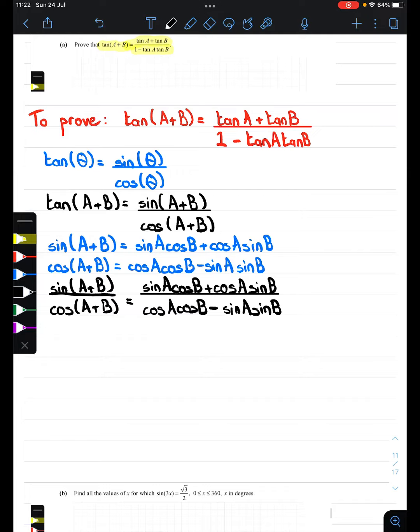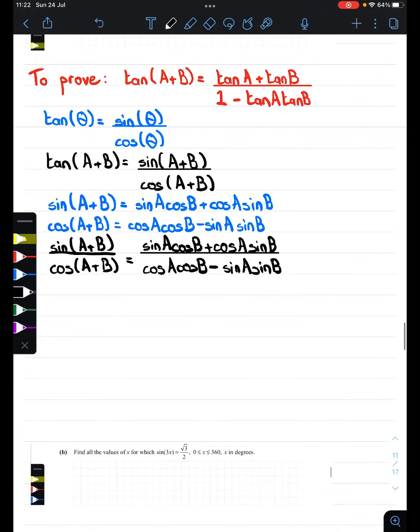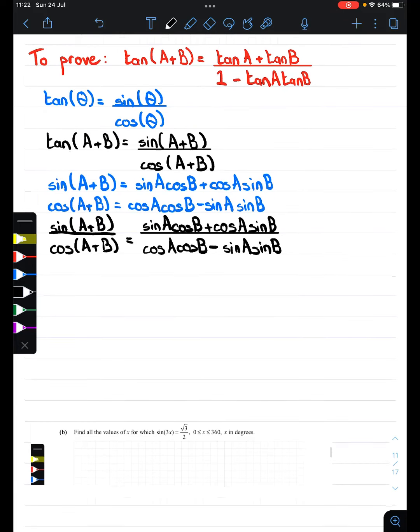If we want to get a 1, that's the weirdest one, it's not even a trigonometric formula. We would divide cosine A cosine B by itself. But if we divide that by itself, we have to divide everything by it. So let's divide everything by cosine A cosine B.